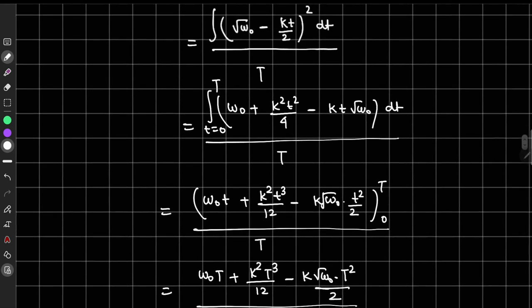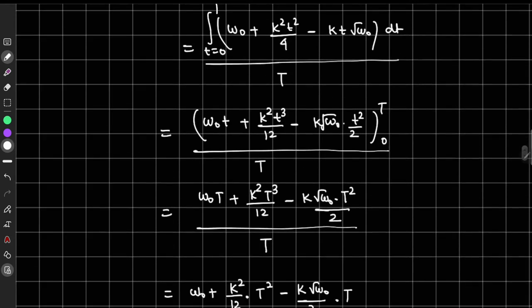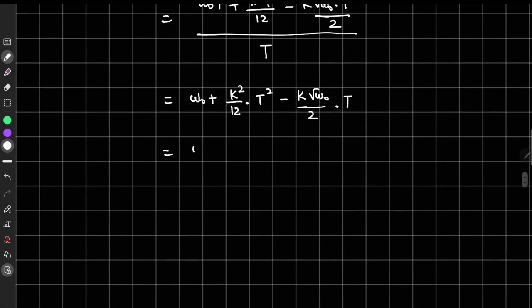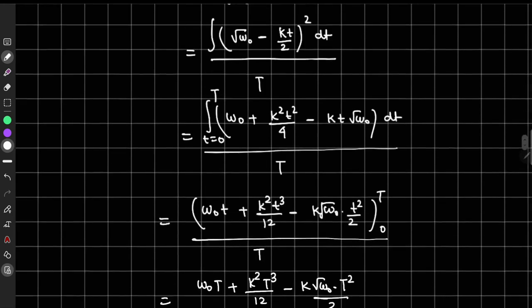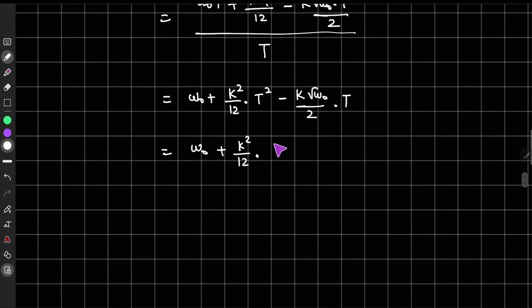Now let us substitute the value of capital T, that is 2 times root of omega naught by k. We get omega naught plus k squared by 12 into 2 times root omega naught by k, whole squared, minus k times root of omega naught by 2 into 2 times root of omega naught by k.